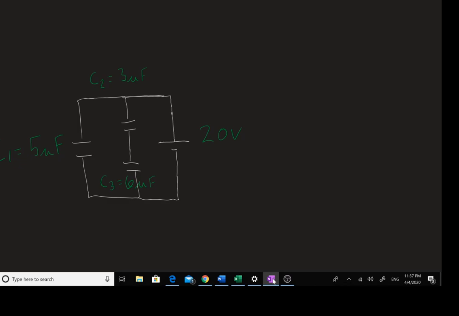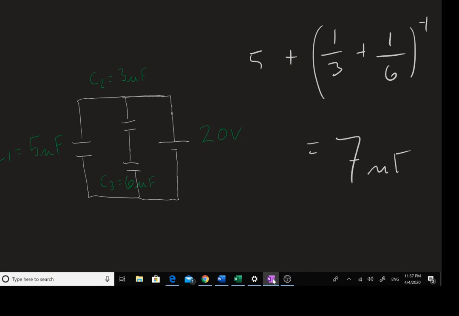So we'll see this whole thing is one capacitor and this whole thing is another. You should always do the ones in series first. So with this one, you just get 7 microfarads.